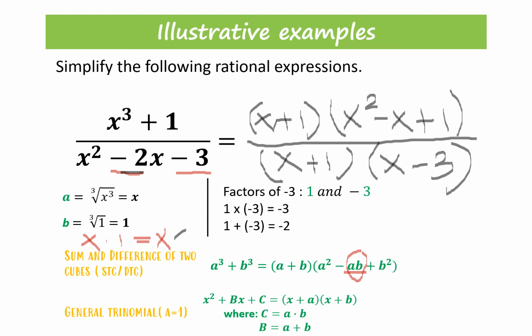Okay, so we're done factoring. Now, let's move on with the second step, which is to divide out or cancel the common factor. And ang common factor lang naman dito for the numerator and denominator is the x plus 1. So, dividing it by x plus 1, the answer will be 1. So, final answer.